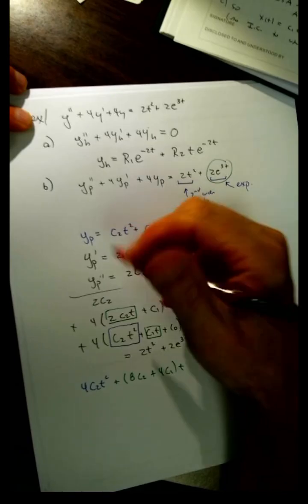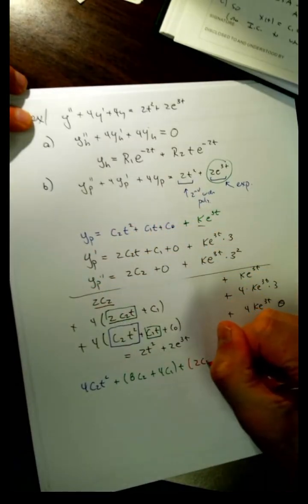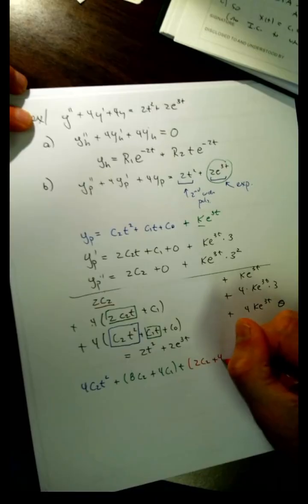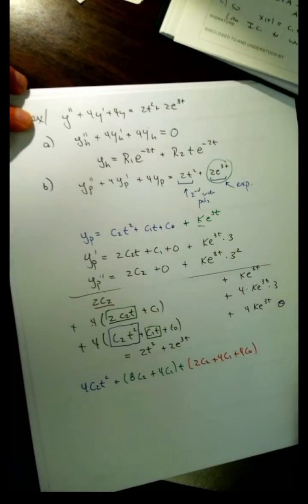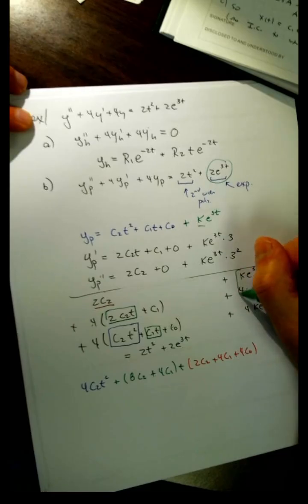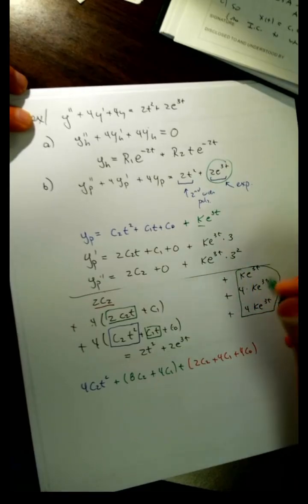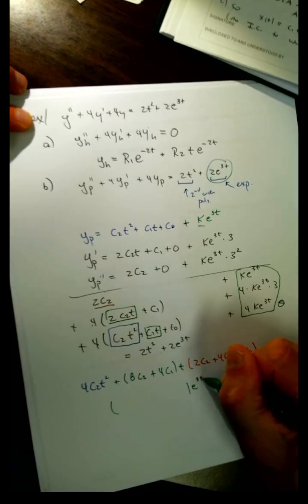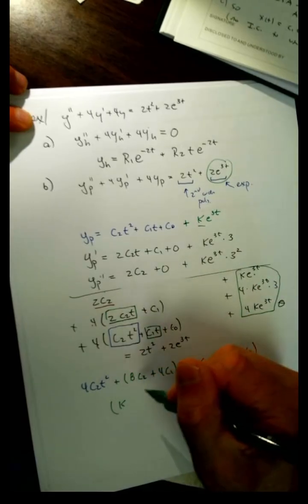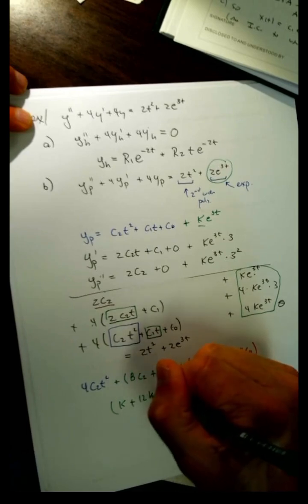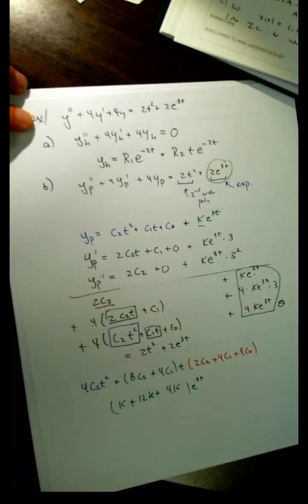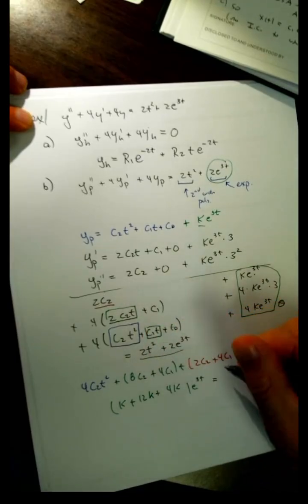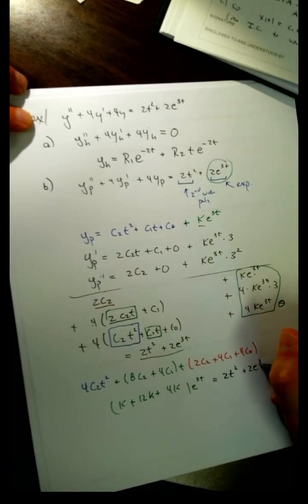And now for my constant terms, I'm going to have a 2c2 from there plus 4 times c1, and then here plus 4 times c0. And now for my exponential terms, for my e to the 3t, I'm going to have a k. This is going to give me a plus 12k, and this is going to give me a plus 4k. All of this has to equal my original right-hand side, which is 2t squared plus 2e to the 3t.